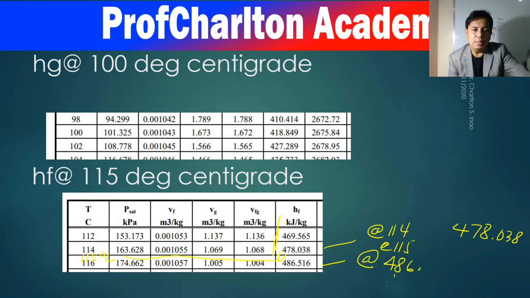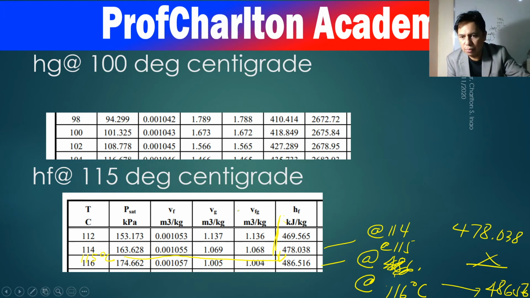But at 116 degrees centigrade, you will have 486.516. So here is your blank x. So what do you do with this? There's a process in elementary mathematics.